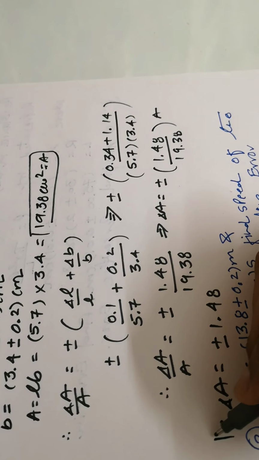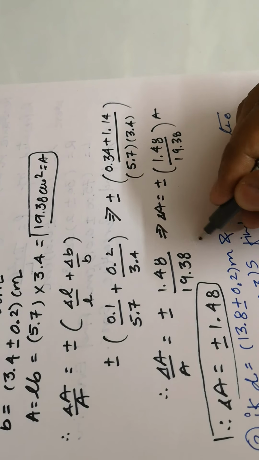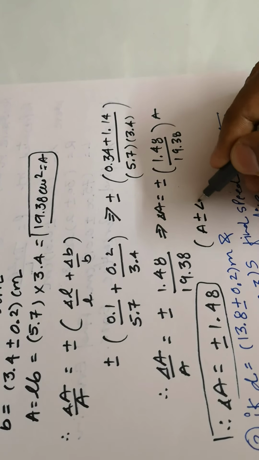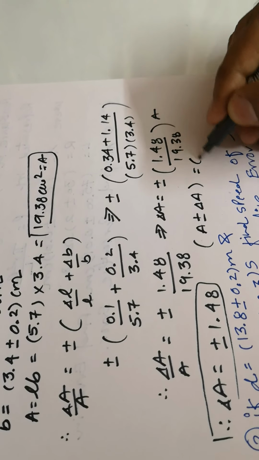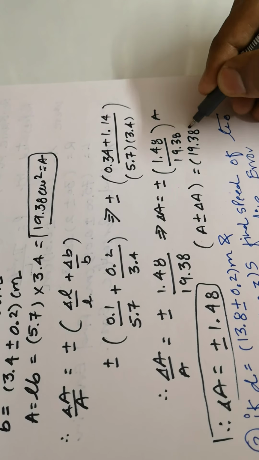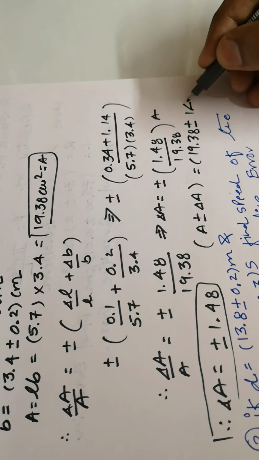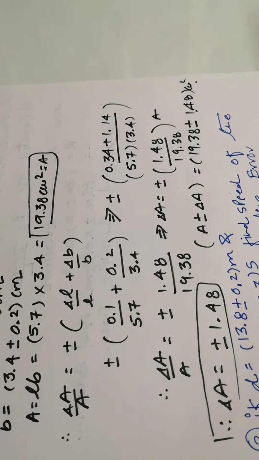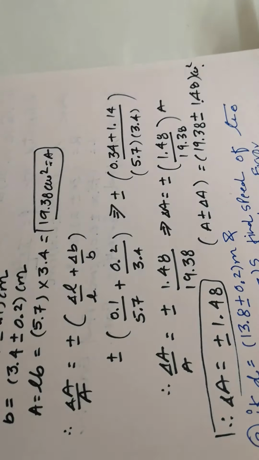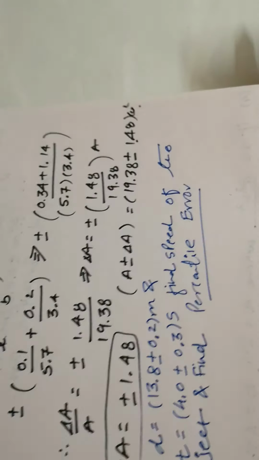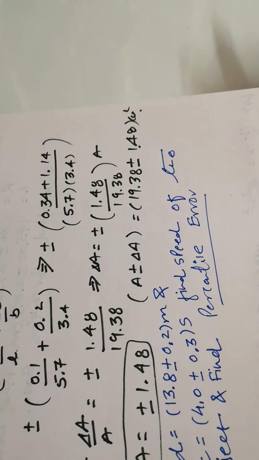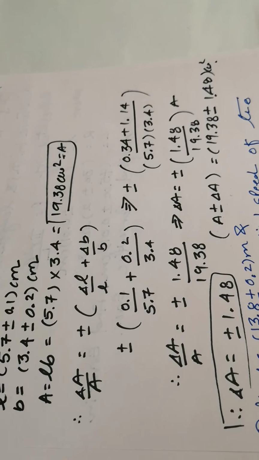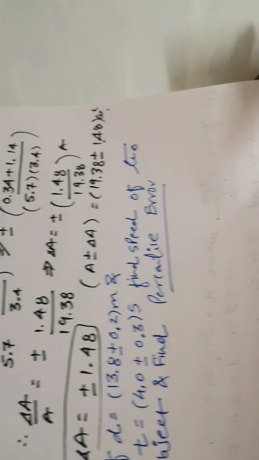You can just round it off. So I can place my data as A plus or minus delta A is equal to 19.38 plus or minus 1.48 centimeters square. So this is how you can calculate the area in terms of length and breadth.